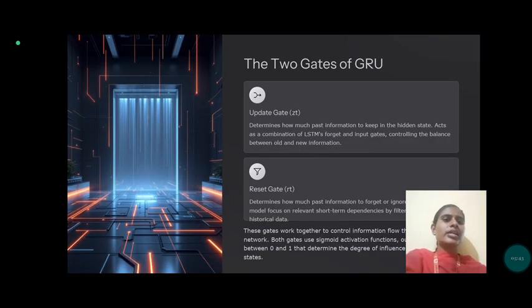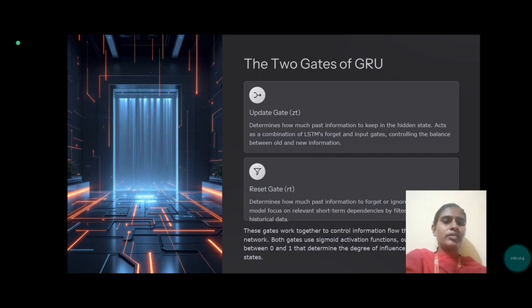The two gates of GRU. Here, the first one is the update gate, and the second one is the reset gate. The update gate determines how much past information to keep in the hidden state. It acts as a combination of the LSTM forget and input gates, controlling the balance between old and new information.